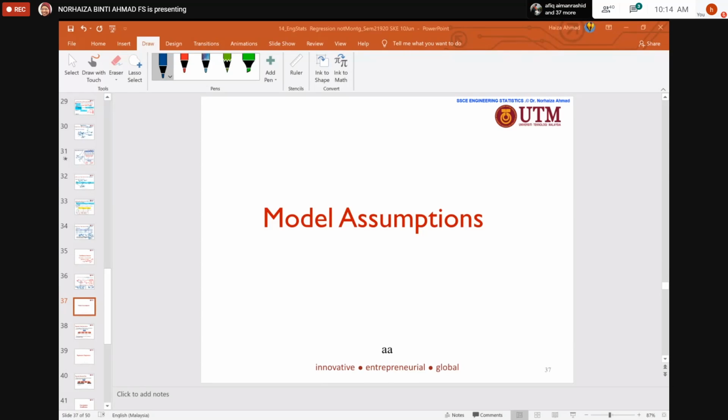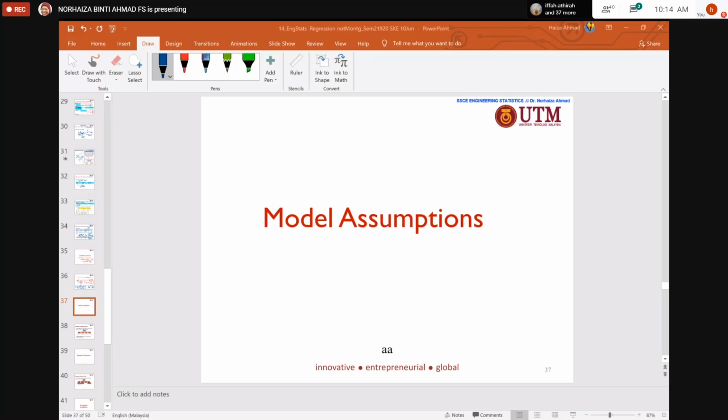So what I'm going to do next week is to continue with assumption of the model and diagnostic check. Sebab when you do this hypothesis test of parameters for the usual population parameter, you assume that your data has a normal distribution.